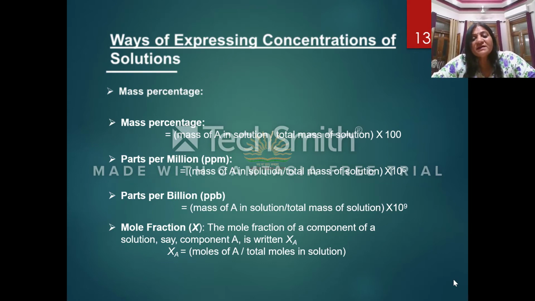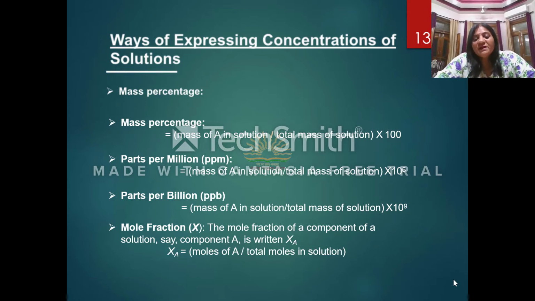Ways of expressing concentration of solution. These contents we have already studied in chapter 1 of class 11th NCERT textbook part 1, the Basic Concepts of Chemistry chapter. Mass percentage. The formula of mass percentage is the mass of one component in the solution divided by the total mass of the solution, into 100.